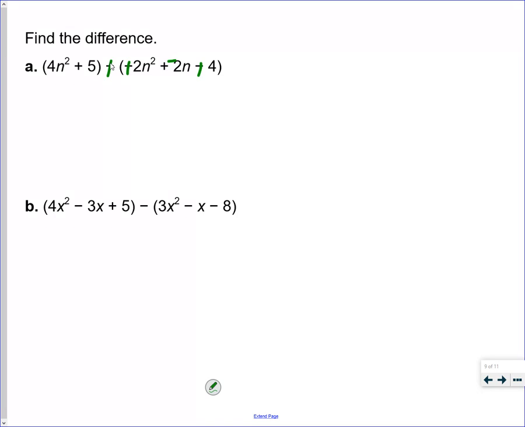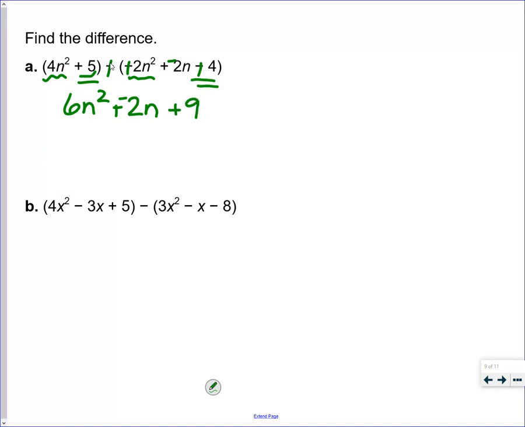So I have 4n squared. Now it's plus 2n squared is going to be 6n squared. That was that and that. Then I just have a regular 2n, so minus 2n or plus a negative 2n. And then my numbers, I've got a 5 and I've got a 4, that'll be plus 9.